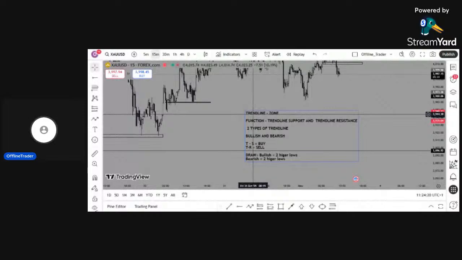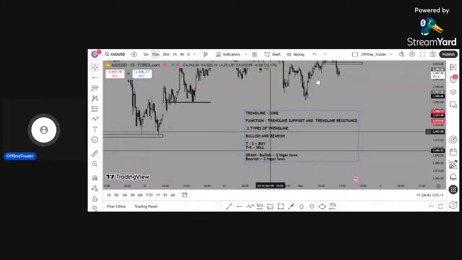So trend line is also important. And basically, I told you we have two types of trend line, the bullish one and the bearish one. When we are in the bullish trend, we work with the trend line support, marking out two lows from the uptrend. Then we work with it.